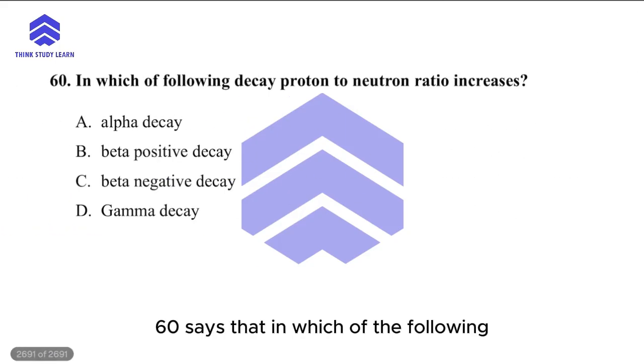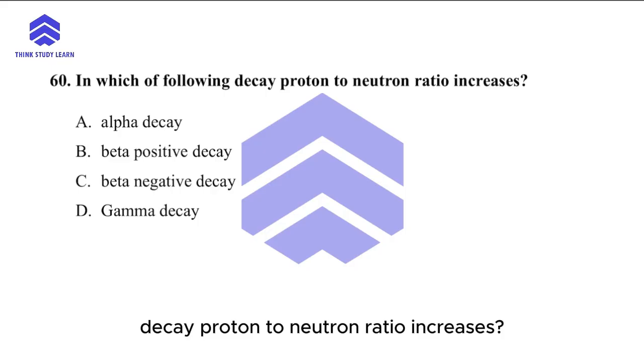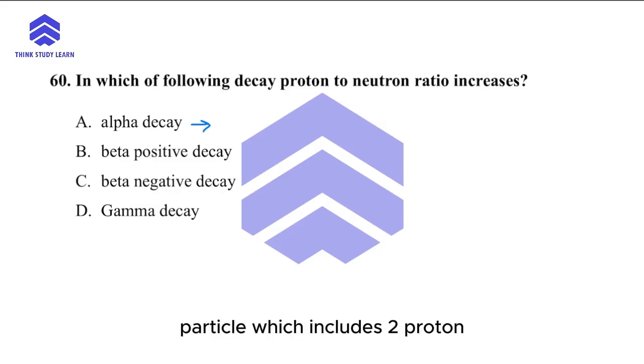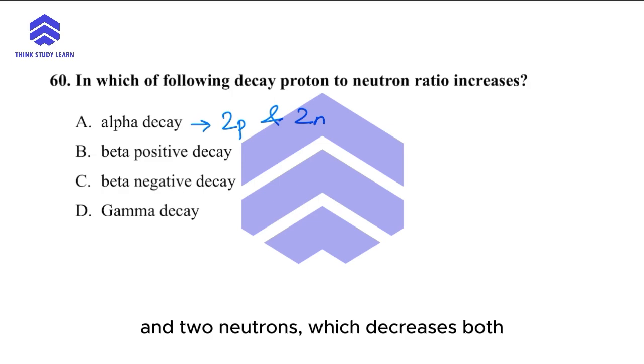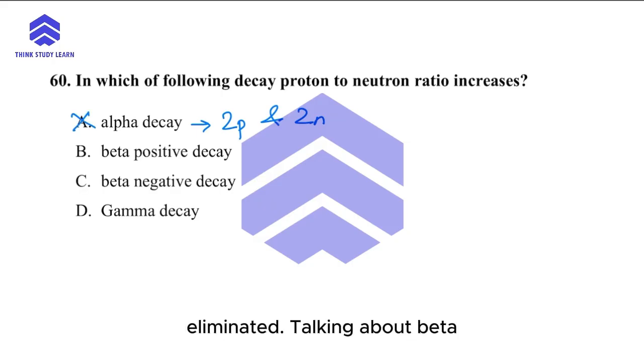Question 60 says that in which of the following decays does the proton to neutron ratio increase? Talking about alpha decay, this involves the emission of an alpha particle which includes 2 protons and 2 neutrons, which decreases both the proton and neutron count but does not specifically increase the proton to neutron ratio. Hence, option A is eliminated.